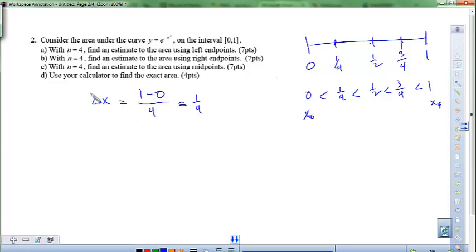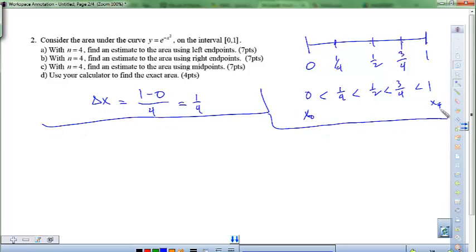So now that we know that it's 1/4, let's write it out. You should probably know the formula for this, but I'll write it out using base times height. So the base is delta x, and the height for the first rectangle, using the left endpoint, is 0, but it's 0 into the function.